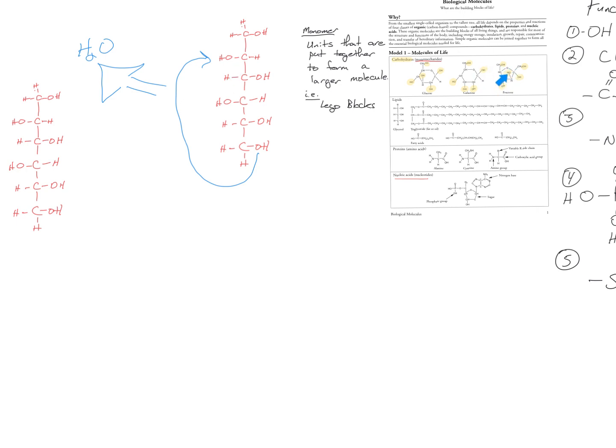And what you form then, because now you have this oxygen bonding to this carbon, is this pentagon. So that oxygen that used to have a hydrogen on it and was connected to carbon is still connected to carbon, but now it's connected to another carbon, to this carbon here.